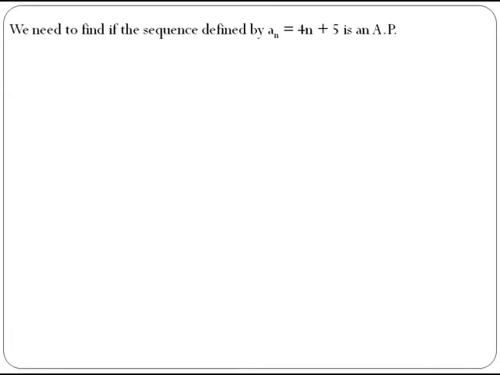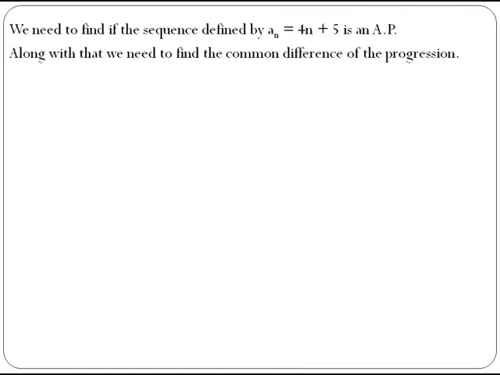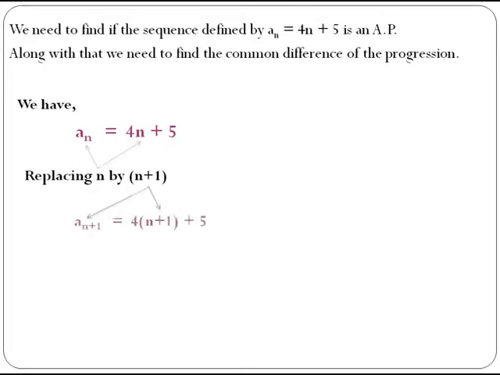We need to find if the sequence defined by an equals 4n plus 5 is an arithmetic progression or not. Along with that, we need to find the common difference of the progression. We have an equals 4n plus 5. Replacing n by n plus 1, we get a(n plus 1) equals 4 times (n plus 1) plus 5.